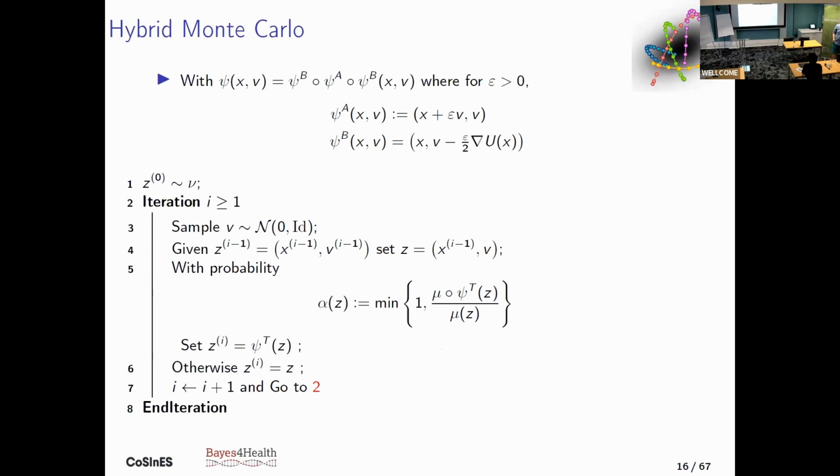Okay, so if I put this together in a so-called hybrid Monte Carlo algorithm, so that is a Metropolis-Hastings algorithm that uses the dynamics of the Hamilton's dynamic or the discretized Hamilton dynamic, this is what the algorithm is going to look like. So at iteration i-1, you've reached this point in the joint space. You sample a new velocity.